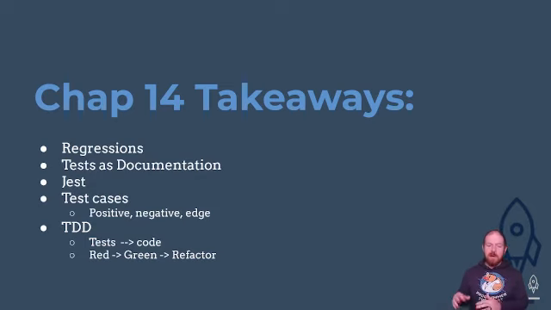And then you write your code to get your test to be green, to get the green check mark. And then afterwards, and this is another recurring theme, anytime you write code, your first objective is just to get it to work. It's always your first objective. But whenever you really get into the job market, you should always be thinking about, well, how can I make my code better? And that's what the refactor part is. You're always thinking about, okay, now I got it to work. How can I make it better?